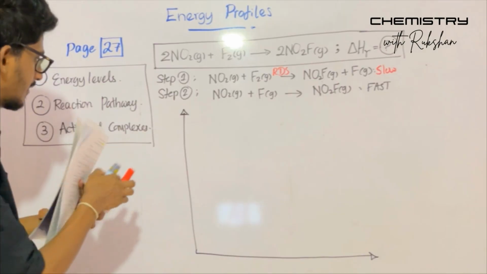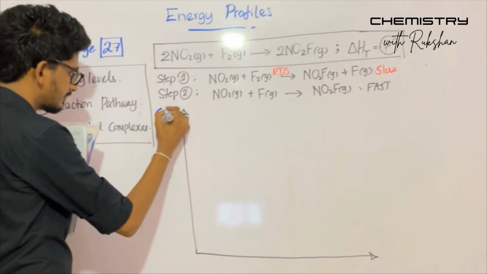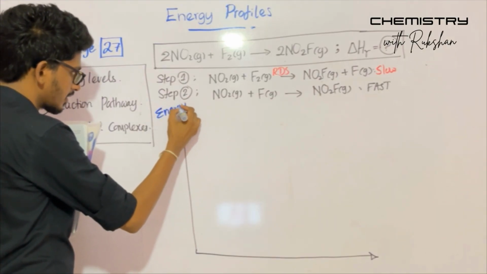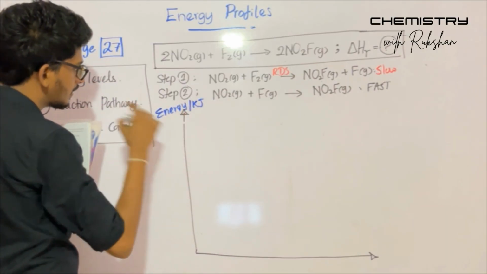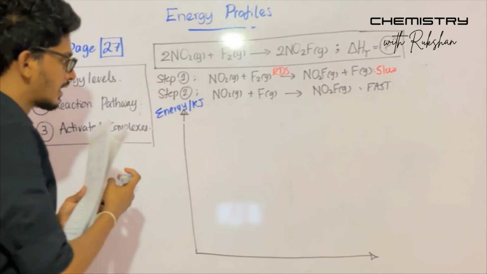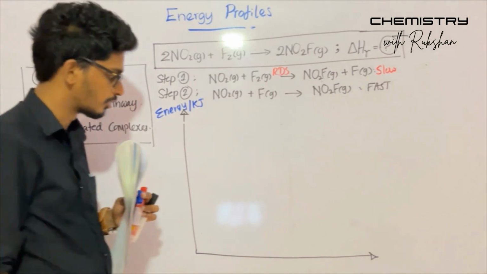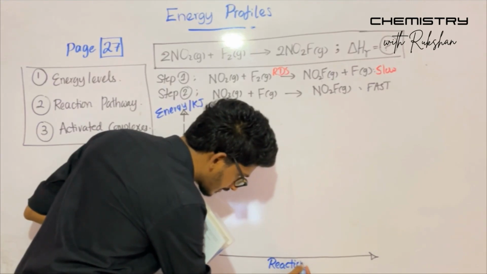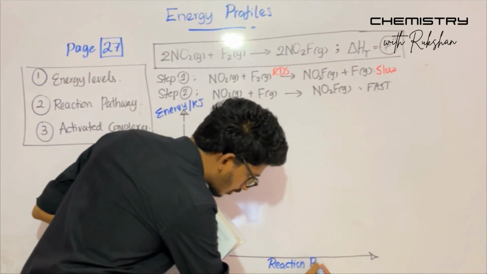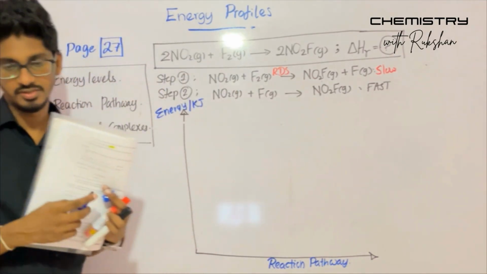So here you have the energy. You can mark that with kilojoules or kilojoules per mole, no worries. And here you have the reaction pathway or the reaction coordinate. Those are two axes, right?